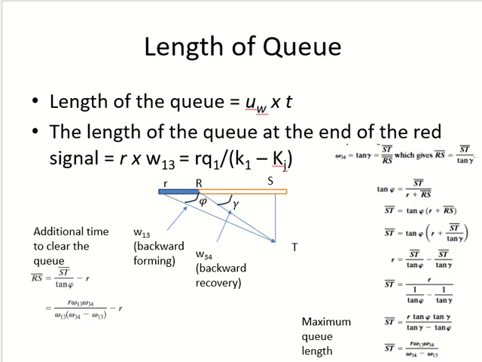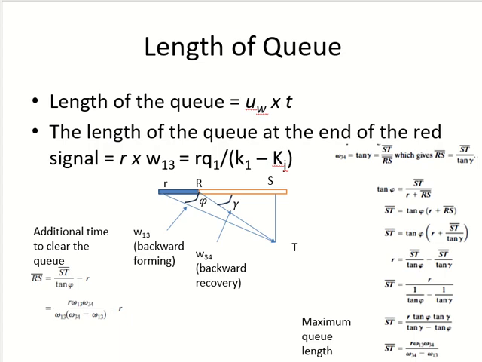And then we have two omegas. What are the two omegas? The shock waves. There are two shock waves. One is forming, the other one is recovery. Forming when the signal is red. Recovery starts when the signal becomes green.